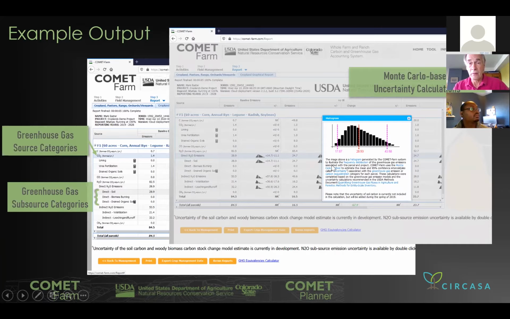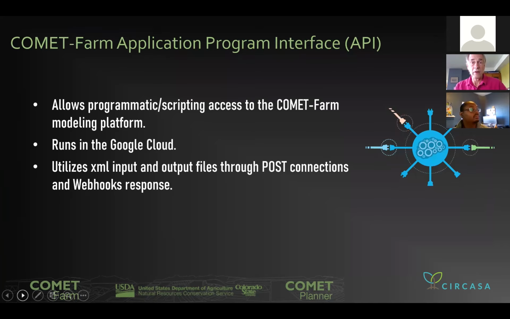So you can zoom in on the uncertainty and get the definitions of what those estimates are, along with the distribution. We also have an application program interface that allows for other programs to access the COMET Farm system from the outside.